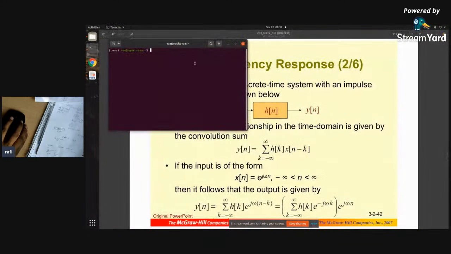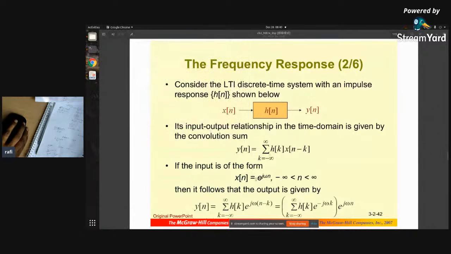This e power j omega n will act as the eigen function of an LTI system.